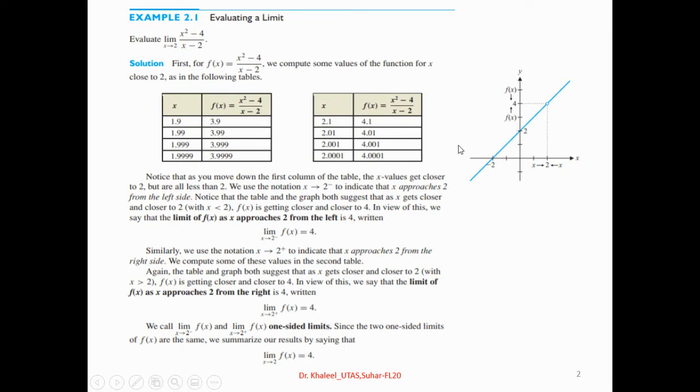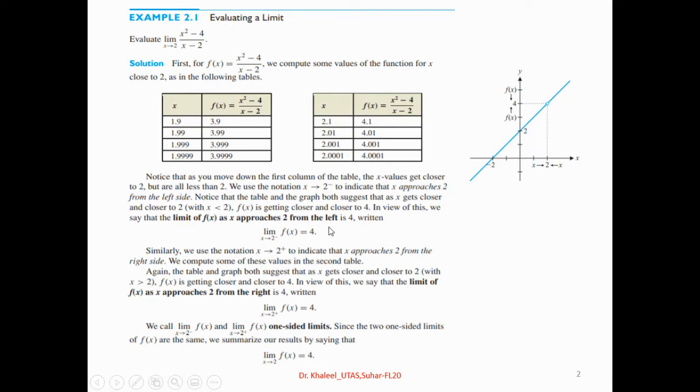Now let us understand the graph. See, I come from this side, the x values, and to find the y values you have to follow the graph. So when I follow the graph here and stop at this point, that is at x equal to 2, I stop here.